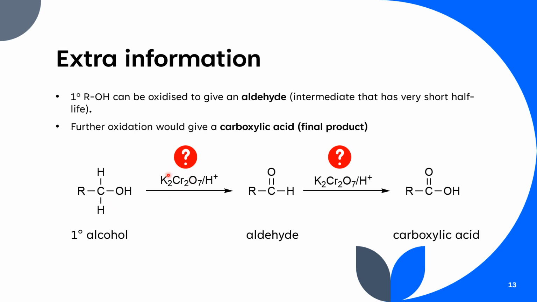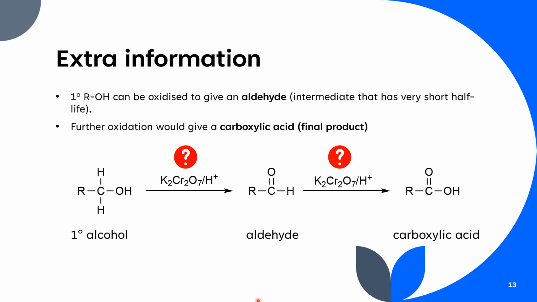So this is actually what happens during the oxidation of primary alcohol. By using strong oxidizing agent, primary alcohol will first be oxidized to aldehyde. Okay, so this aldehyde that is formed is actually an intermediate that has a very short half-life, so we cannot observe formation of this product during the chemical reaction because its formation is very, very fast. Okay, and this aldehyde can further react with strong oxidizing agent to form the carboxylic acid.